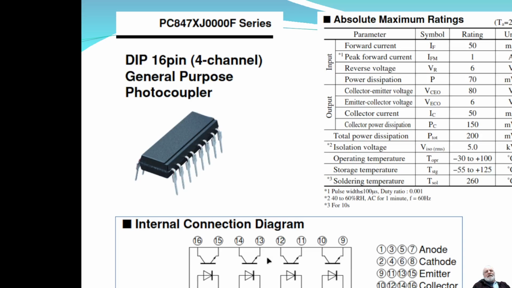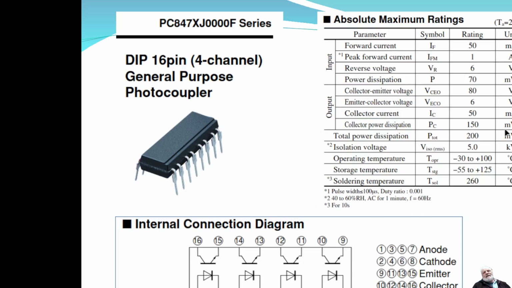When you connect this up, you can have 4 separate circuits connected, so you could send them to 4 different devices or however. But you want to read the data sheet. This is not a power device. This is just for isolation, for communications.